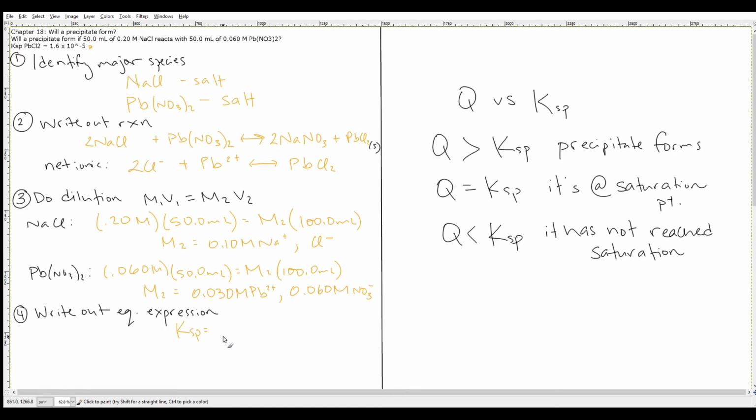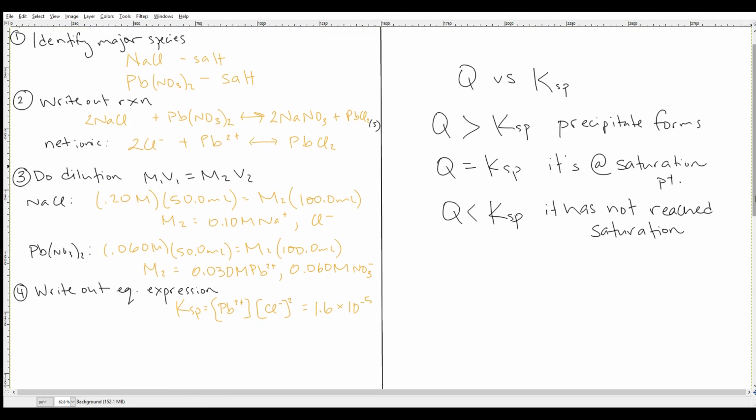So that would mean that our products for that KSP would be lead and chloride. Those are what I'm going to put up here at the top. Remember, for KSP, you put the dissolved ions at the very top, and the solid would go on the bottom. However, we don't include solids, so that doesn't go in.